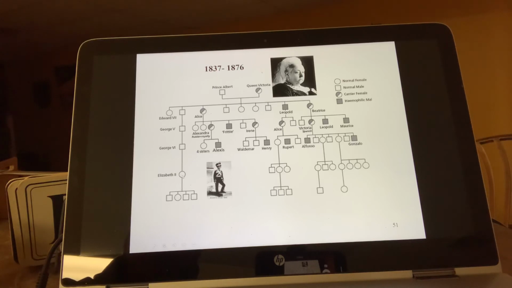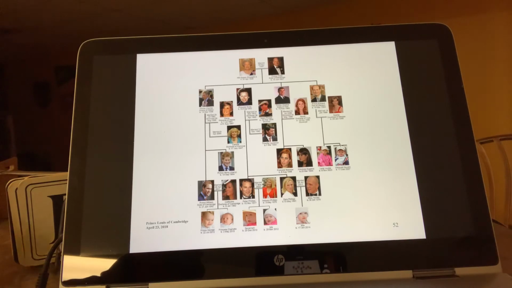If we go from George VI to Elizabeth II, who is the Queen now, Queen Elizabeth II with Prince Philip had 4 children, the firstborn male being Prince Charles, who then had children with Diana, Princess of Wales, and his firstborn child was Prince William, who now has several children with the Duchess of Cambridge, and his second born child was Prince Henry, who's now married the former Meghan Markle, and they now have a child.